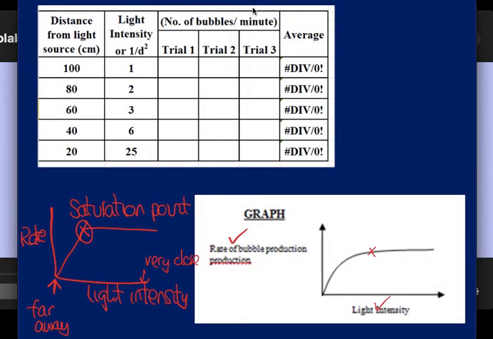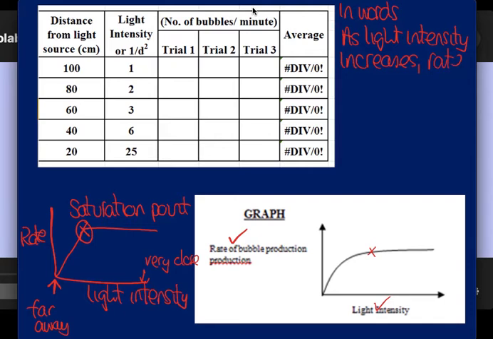Now, we'll just go back here and make sure we have it. So in terms of explaining the result in words, we are saying as light intensity increases, your rate of photosynthesis increases.